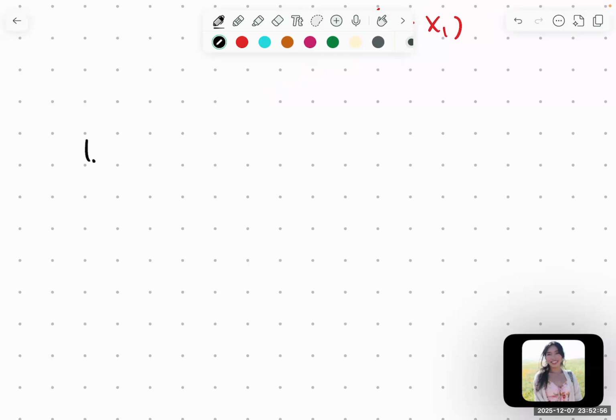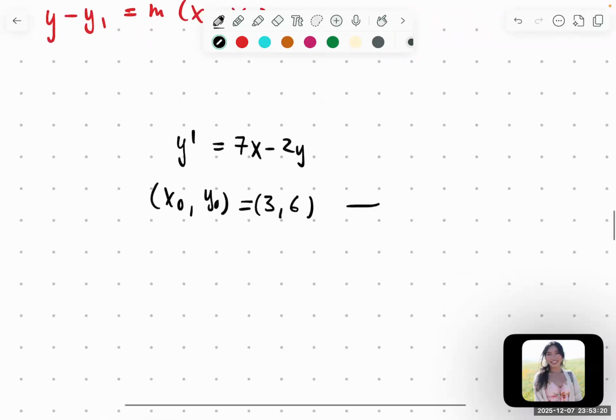The first thing we're going to do is write down the information that we have. Our y prime is 7x minus 2y. Our x of 0 and y of 0 is going to be 3, 6, which comes from y of 3 equals 6, as you'll usually see in a problem.